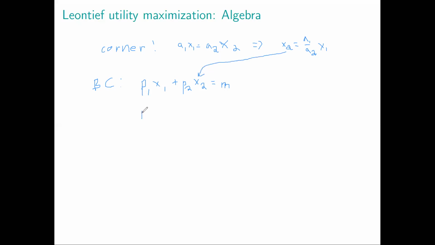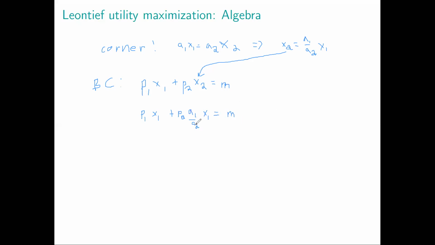If we do that, we get P1 X1 plus P2 A1 over A2 times X1 is equal to M.